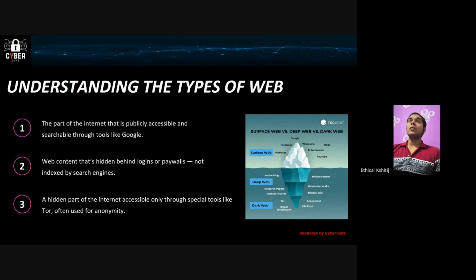The surface web is the part of the web that you can openly go into and search anything, and deep dive into without any permissions or privacy settings. Examples are Facebook, Google, Wikipedia, and e-commerce stores like Amazon and Flipkart.